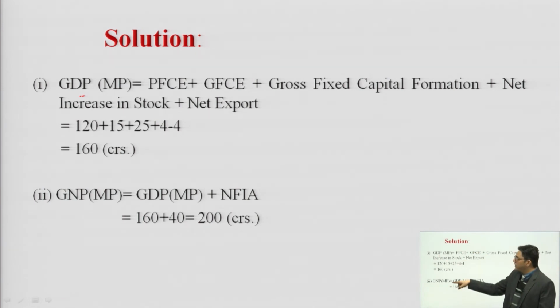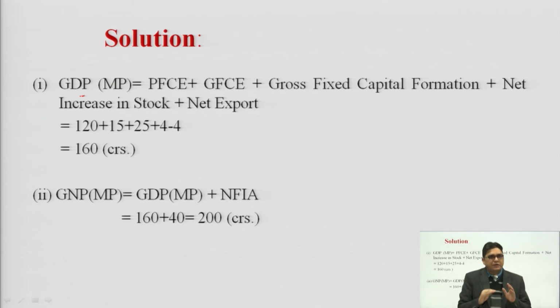If the question says we have to move from GDP at MP to GNP at MP, the G and G are the same, it is only the D and N that differ. So, we will add the net factor income earned from abroad and the P and P will remain same. Okay.